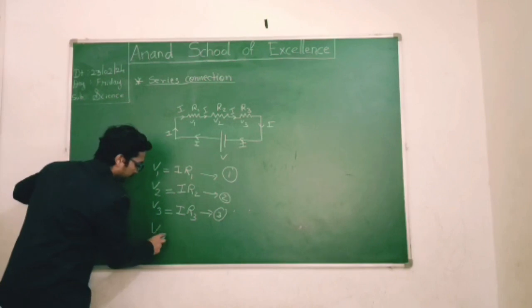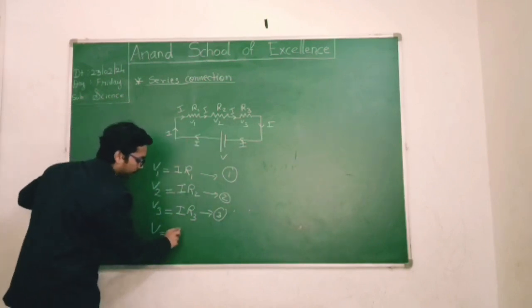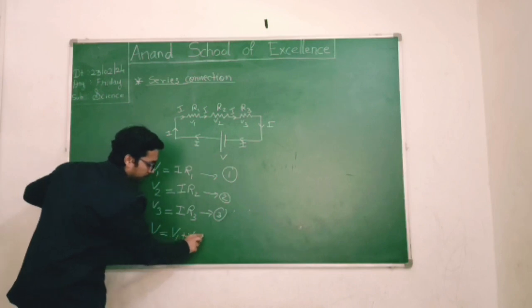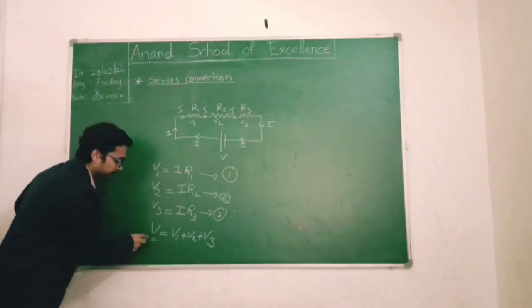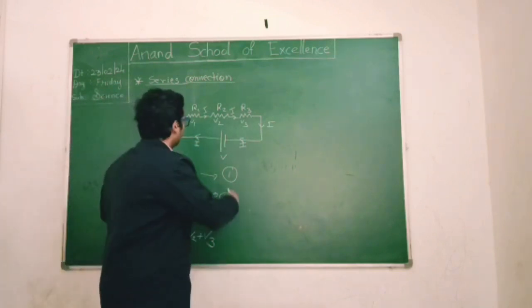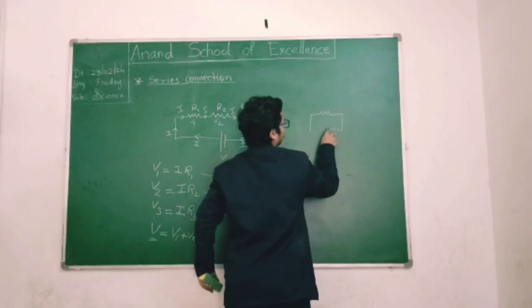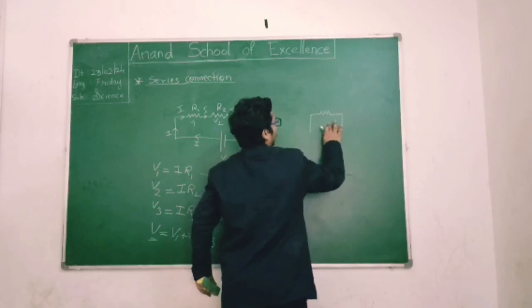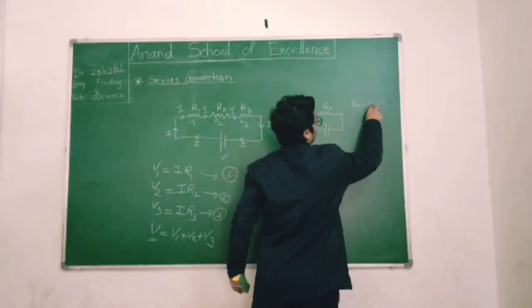The V is distributed all over the circuit, so we can write V is equal to V1 plus V2 plus V3. So how can we find this V? I am assuming all three resistors as one resistor and I name it RE, that is the equivalent resistor.